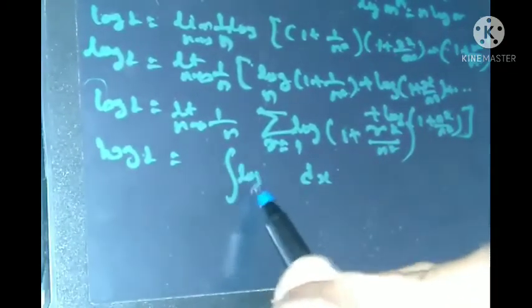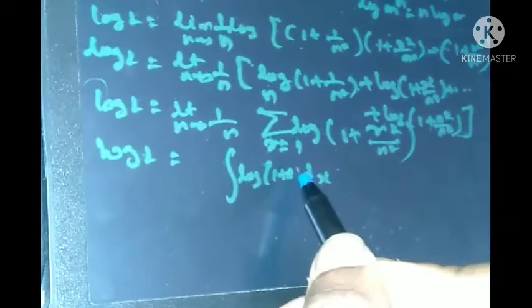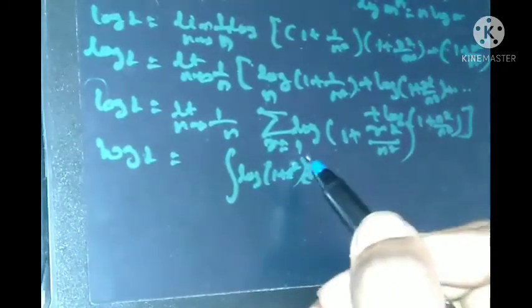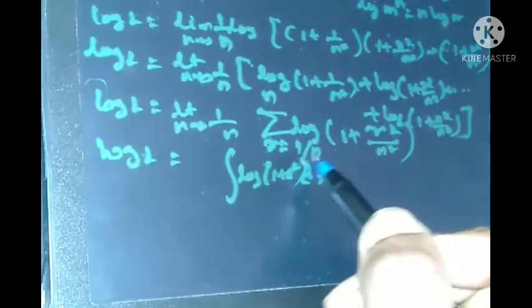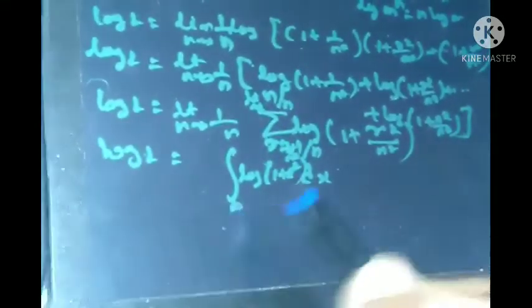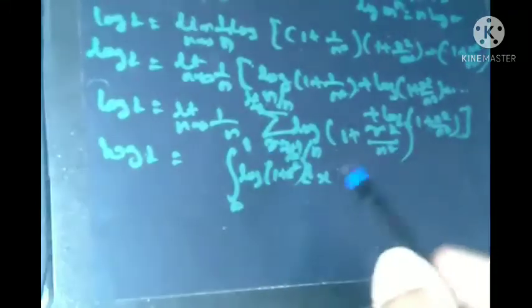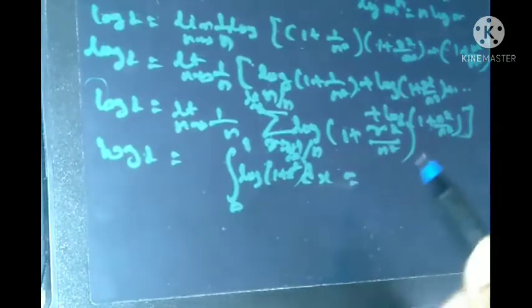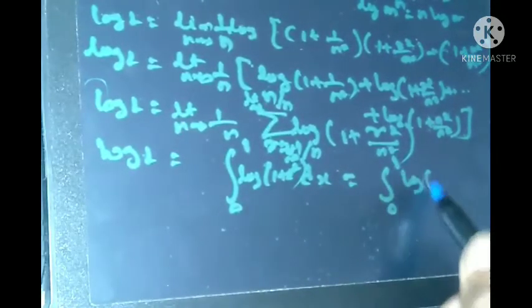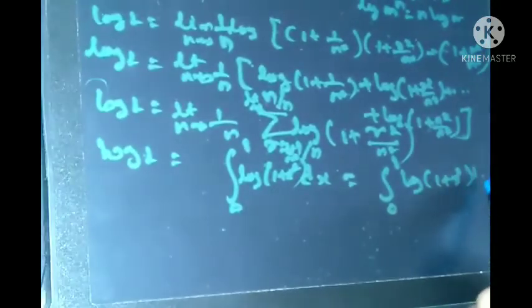Therefore we write log of 1 plus x square dx. For the limits, taking limit n tends to infinity, we get lower limit 0 and upper limit 1. Then we integrate this function: 0 to 1 log of 1 plus x square dx.